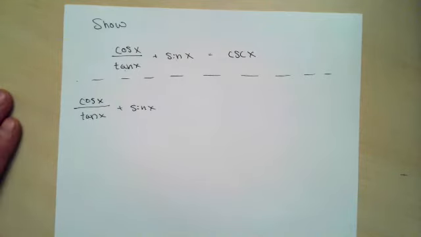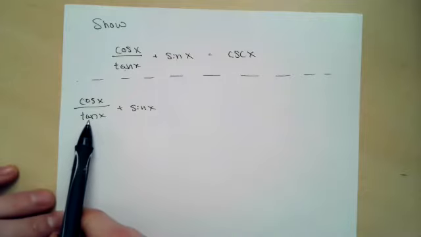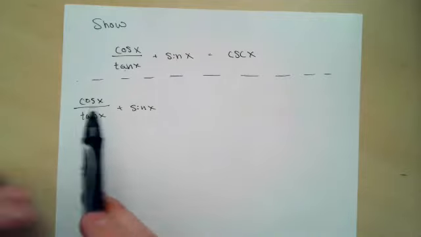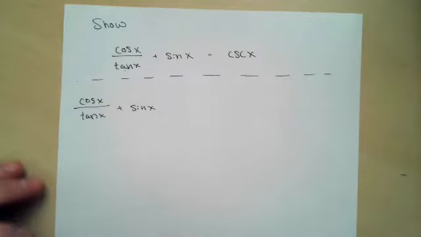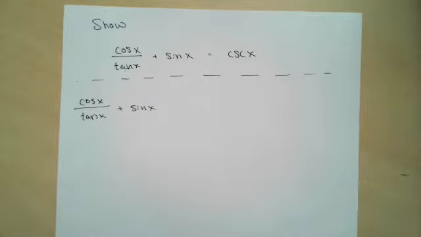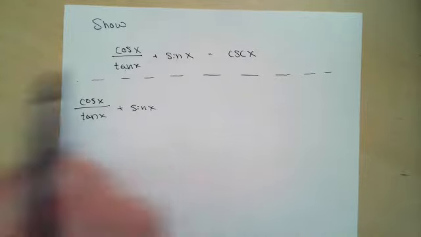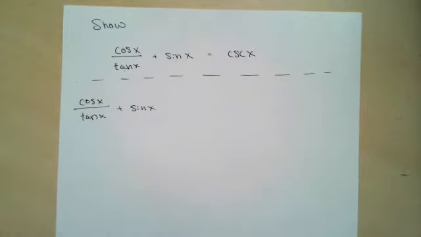Pretty much the only thing we can do is perhaps start with this tangent. Sine and cosine, as I've mentioned, are like the building blocks. So when in doubt, you can almost convert any trig expression down to sines and cosines, and sometimes that's helpful for seeing what comes next.